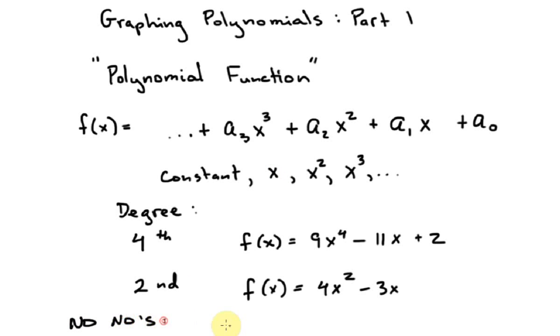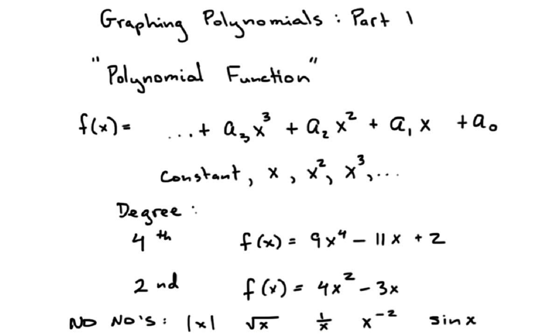In the world of polynomials, you can't do things like an absolute value of x, or a square root of x, or a 1 over x, or x, say, to a negative 2. Or maybe even throw a sine x in there. These are fine if these are just numbers, but as soon as it's an x, then it's considered a no-no, and it's no longer a polynomial function.